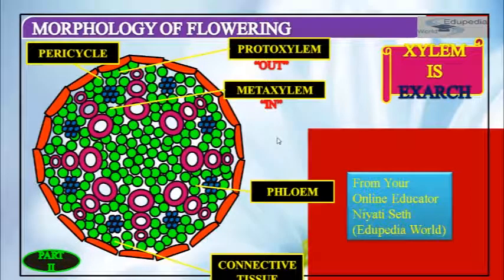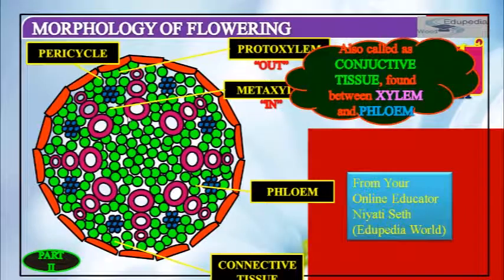These are connective tissues which separate xylem from phloem and phloem from xylem, because xylem and phloem are forming alternate patches. Like first there is xylem, then phloem, xylem, then phloem. So that's how it is.